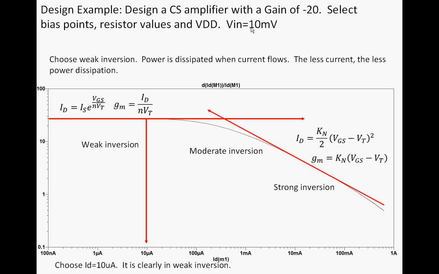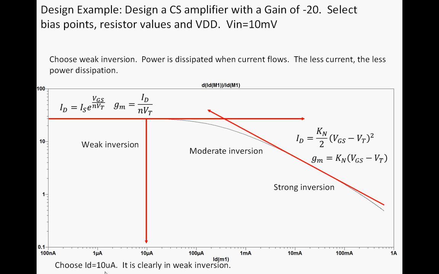I'm going to assume Vin is a 10 millivolt sine wave. So in weak inversion, I can tell because it's flat. There's my weak inversion equations. GM equals the drain current divided by NVT. And I just pull off 10 microamps.